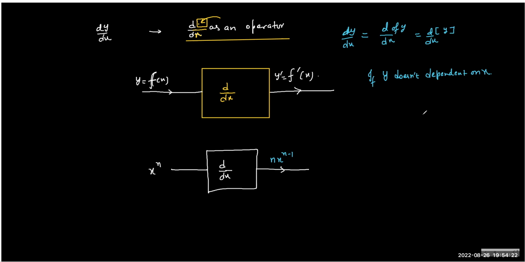Therefore, the differentiation d by dx will operate on those functions which have a relationship with the variable you are trying to bring the change in. So if I want to find d by d sine, the function here must have a dependence on which variable?